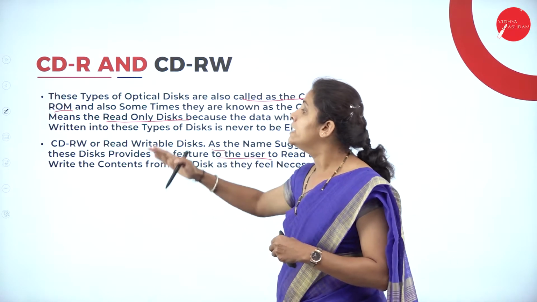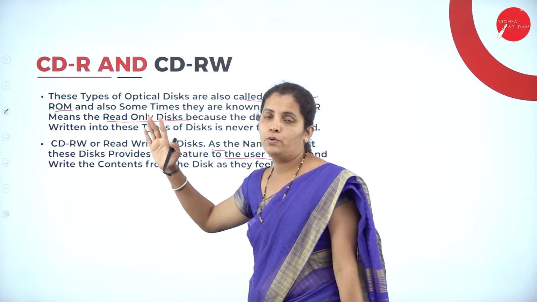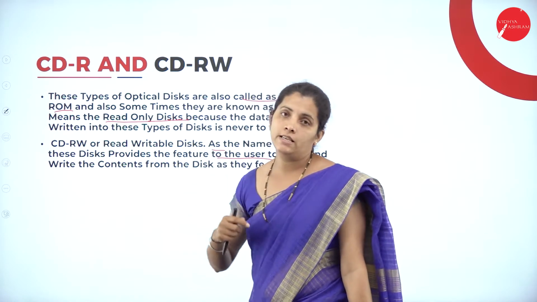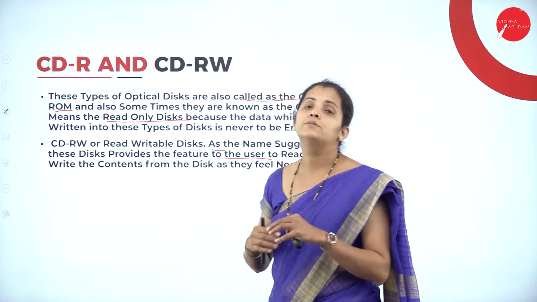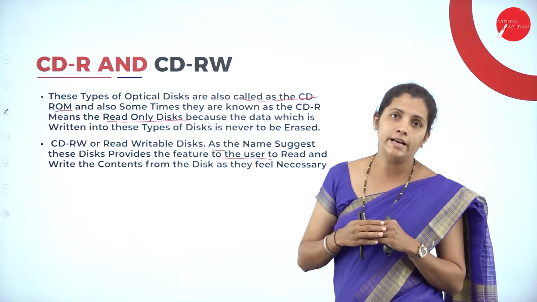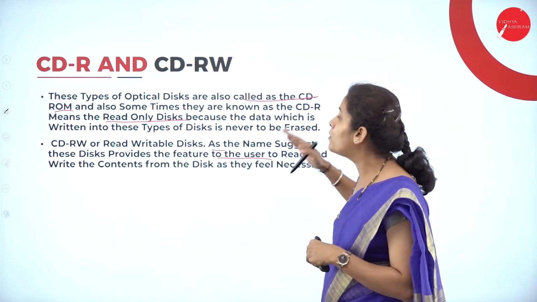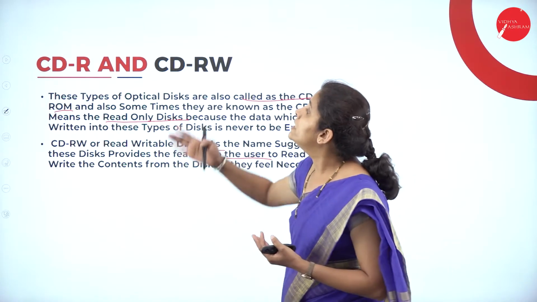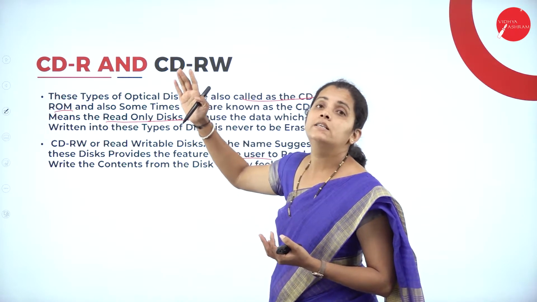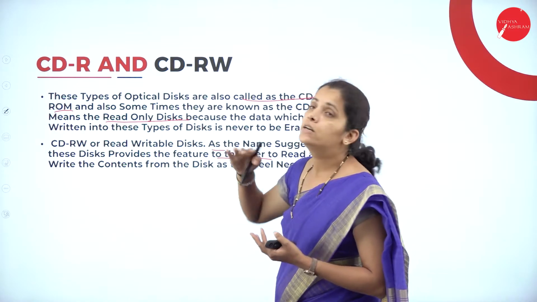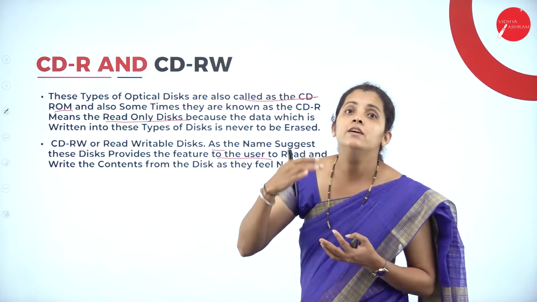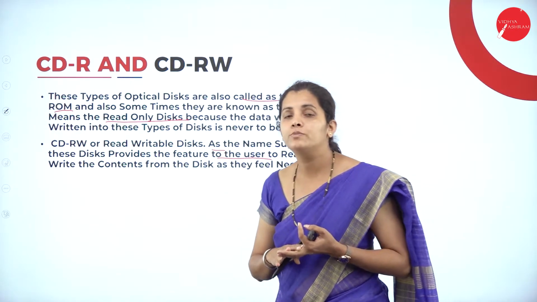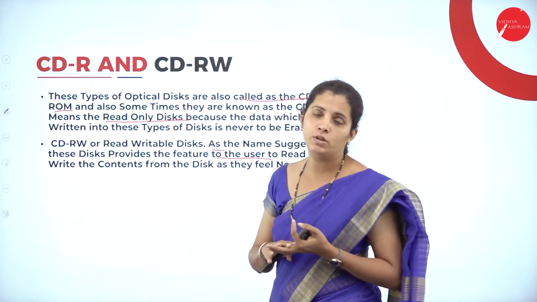In CD-RW, it is possible to read the data and at the same time it is possible to write the data. In CDR, it is read only. It is possible to read many times, but it is not possible to write the data onto the disk.